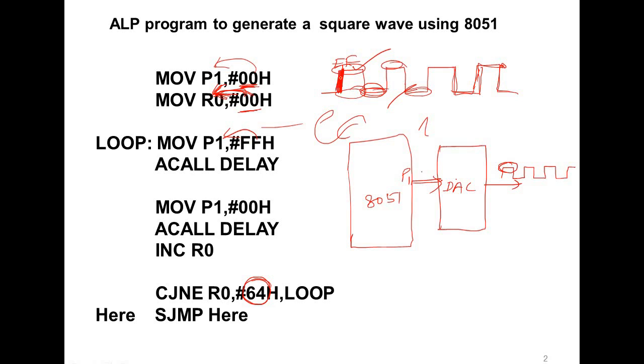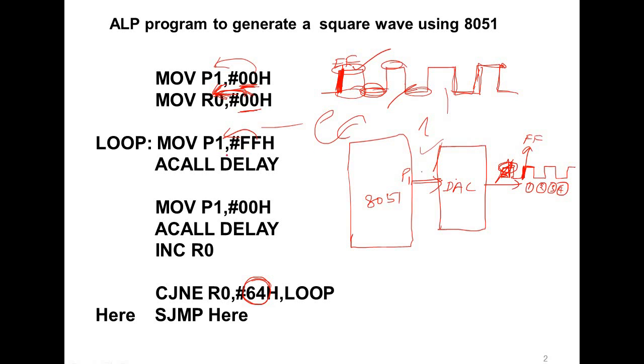The first peak indicates the amplitude FF created by the DAC, the digital to analog converter. This portion alone is FF. The horizontal line indicates delay. So this is the first pulse, then the second, then the third, imagine like that.